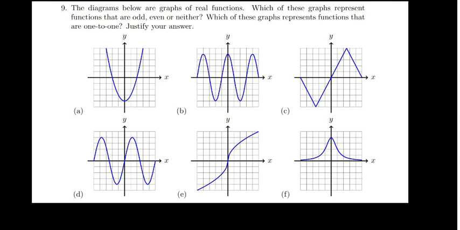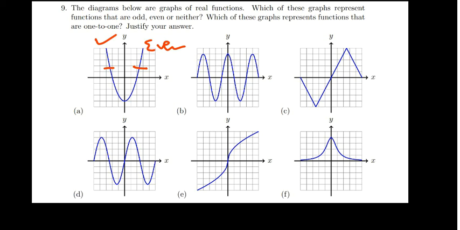Whenever a function is symmetrical about the y-axis, like this one, and you have a mirror, meaning that the left side looks exactly like the right side, that is an even function.